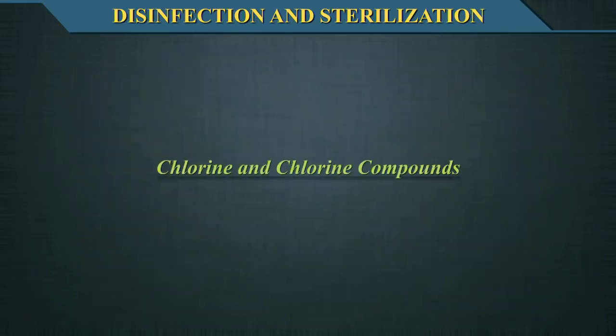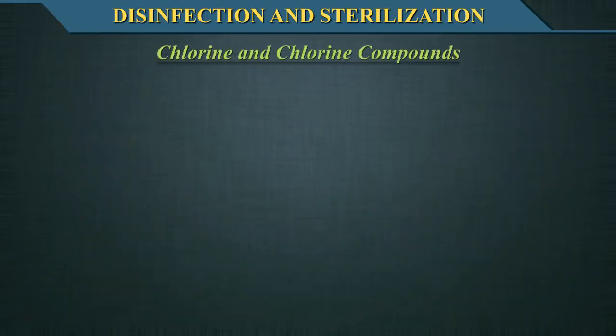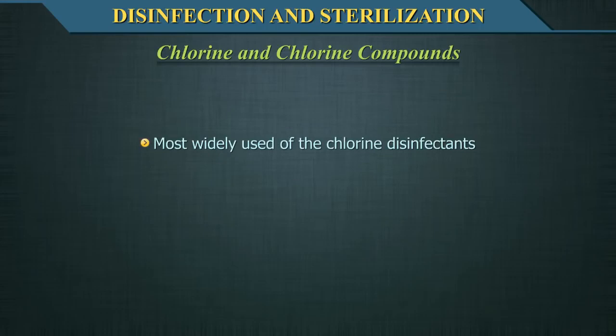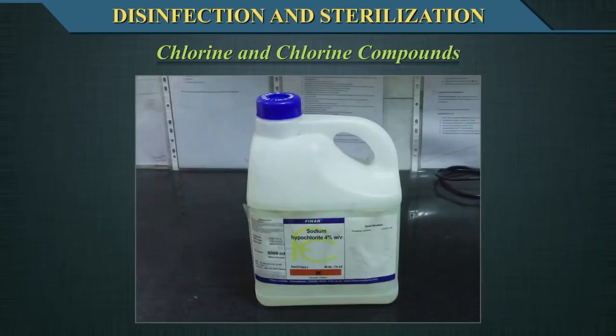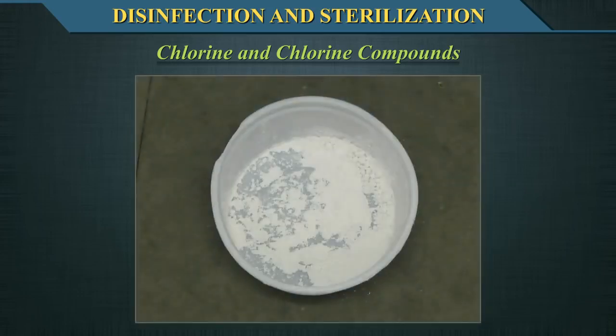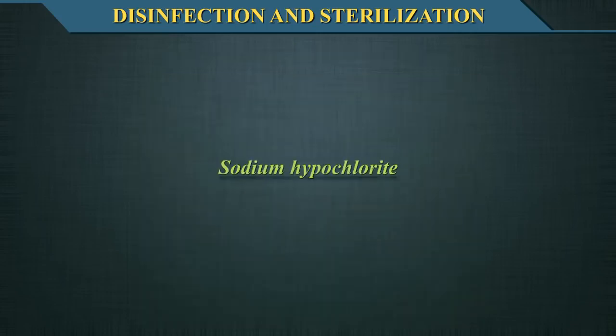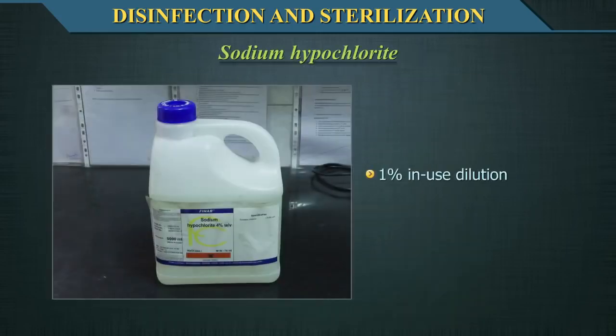Chlorine and chlorine compounds. Hypochlorites, the most widely used of the chlorine disinfectants, are available as liquid, for example, sodium hypochlorite, or solid, for example, calcium hypochlorite. Sodium hypochlorite, 1% in use dilution, 4% solution to be diluted.